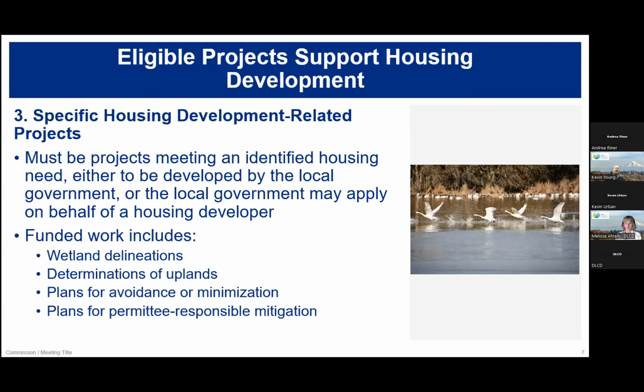So if a wetland delineation could be used to clearly understand where development could occur without a DSL removal-fill permit, that's something this grant could pay for. It's the same with determination of uplands. That's another way to figure out where we can go forward without having to engage DSL.